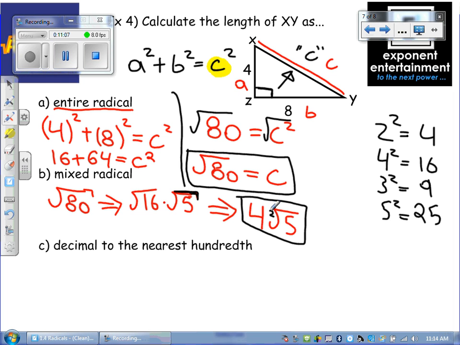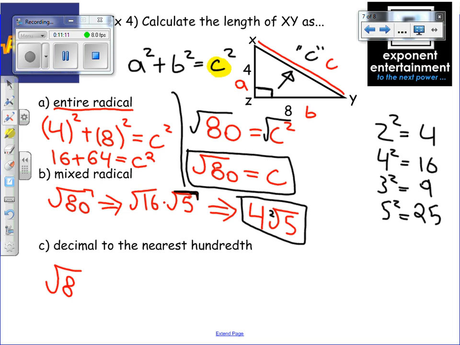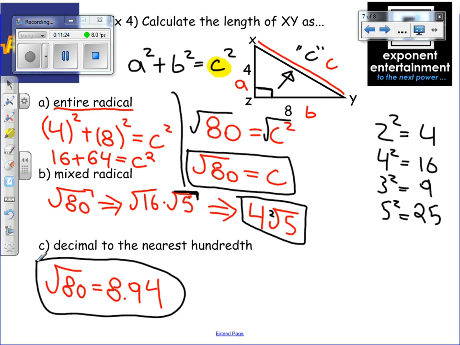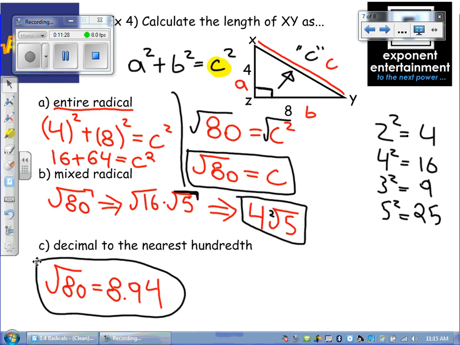So 80 is equal to, you said 8.94? Yep. And that's the final answer for nearest 100. Good. Any questions about this one? Good. Lots of practice helps, right?